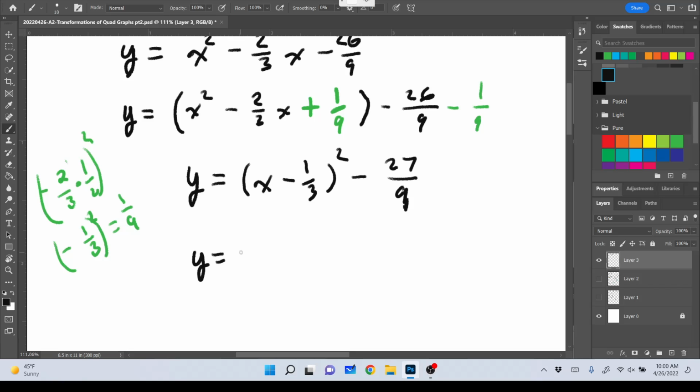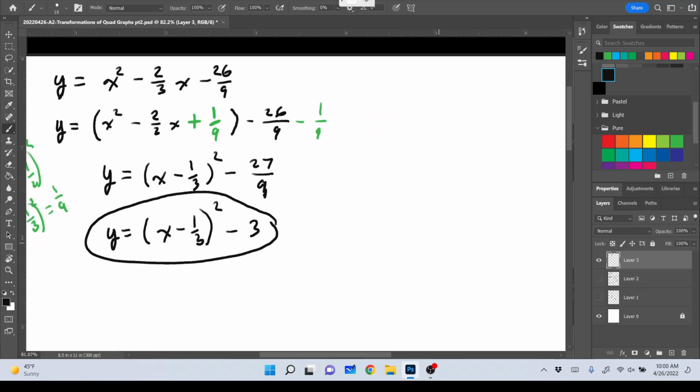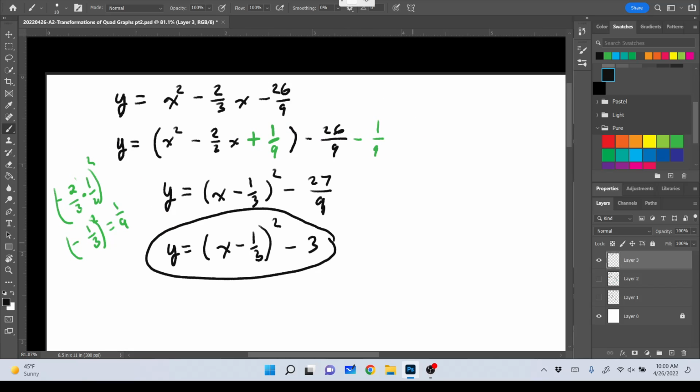Because we've got to do this. And then that answer is acceptable. Why is it acceptable with that? Isn't that 26 over 9 instead of 27? This is 26 over 9 and then minus 1/9, which is minus 27 over 9.